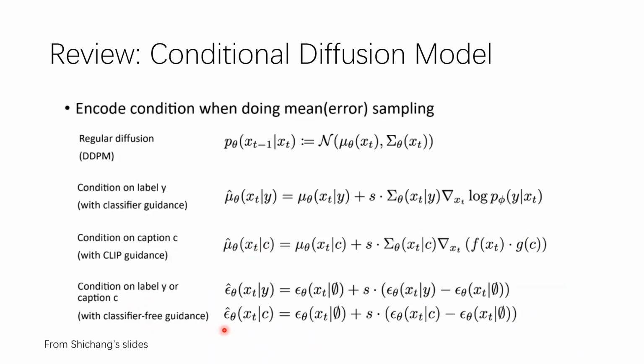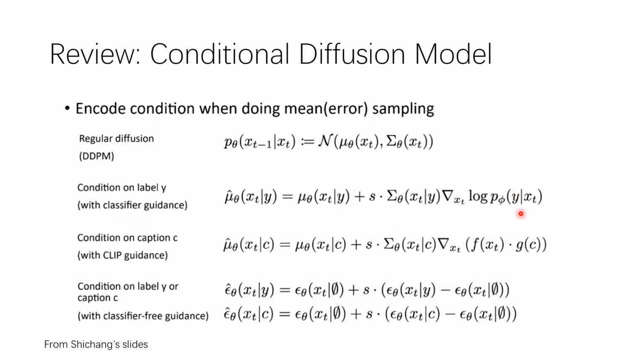Today's two works rely more on classifier free guidance, which is the last two rows here. For the second one, you have a trained classifier, and you use this classifier as guidance.